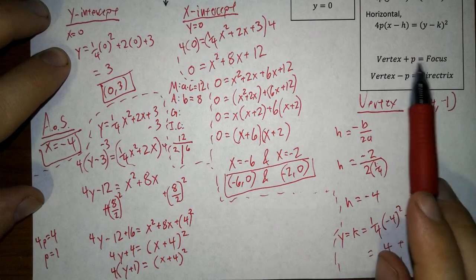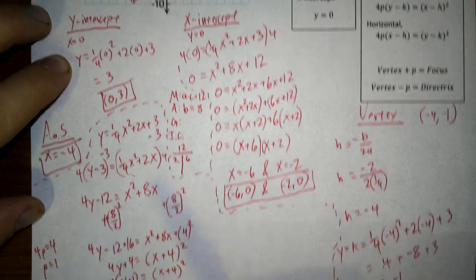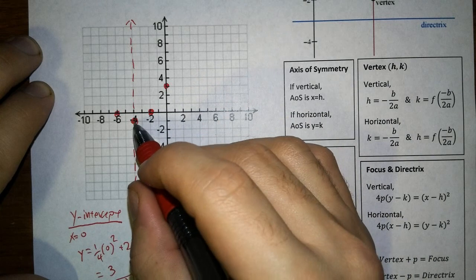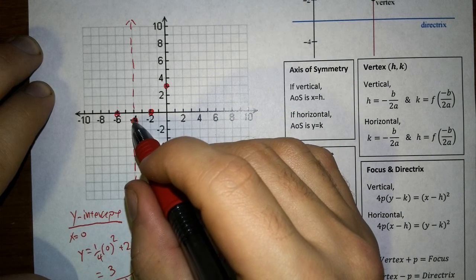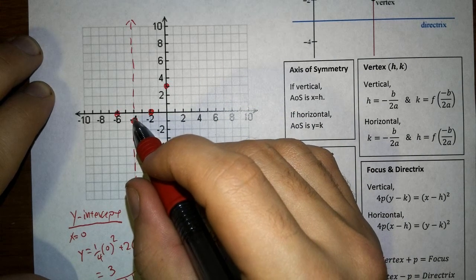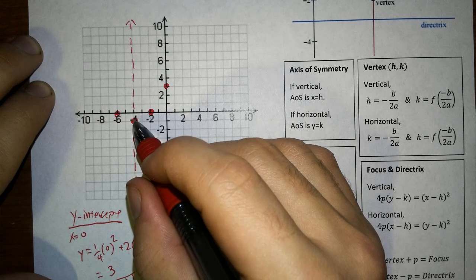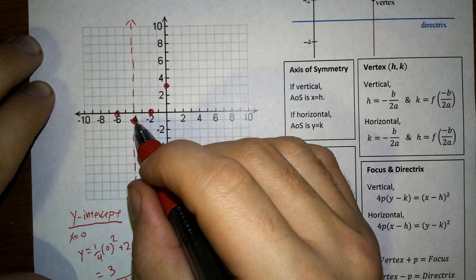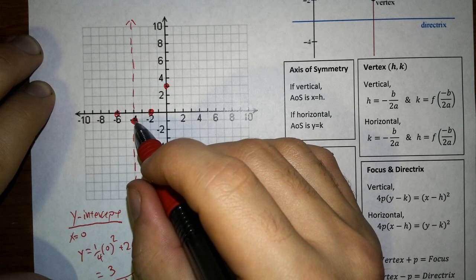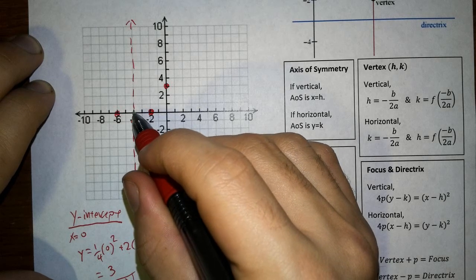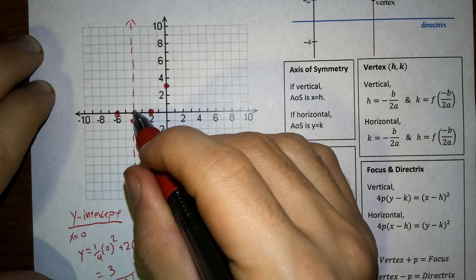Our focus, right over here, is going to be our vertex plus p. So p is 1, so we want to go to our vertex, and remember, you want to ask yourself, are we going to be moving up and down, or left or right? Remember, the focus is always going to stay on the axis of symmetry. So in this case, we want to move up to stay on our axis of symmetry. So we're going to move from our vertex plus p, so p is 1, which brings us to right there for our focus.